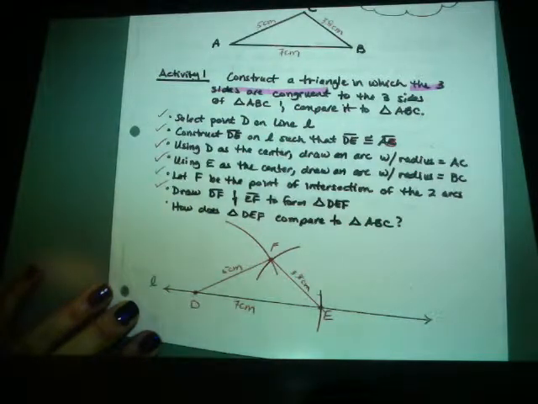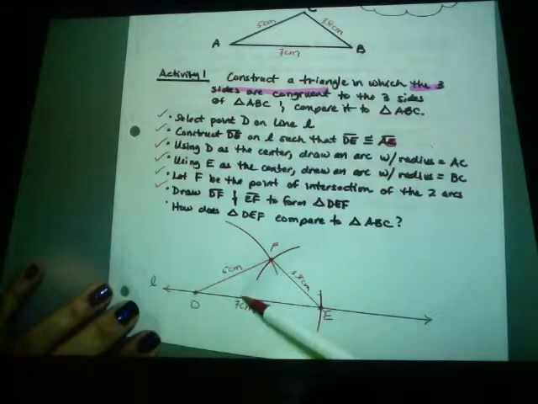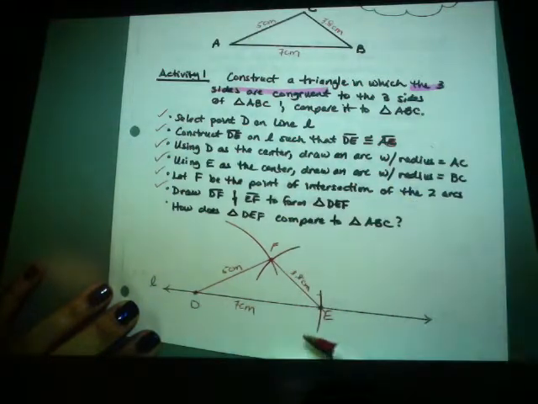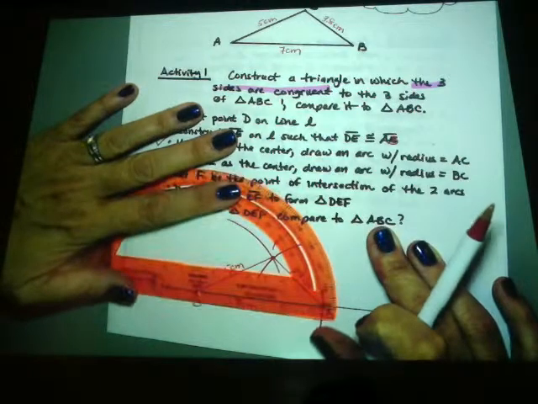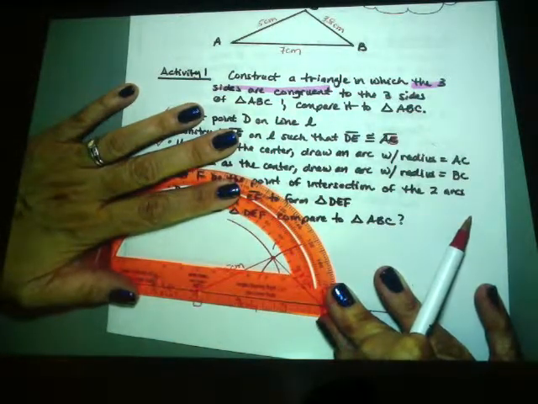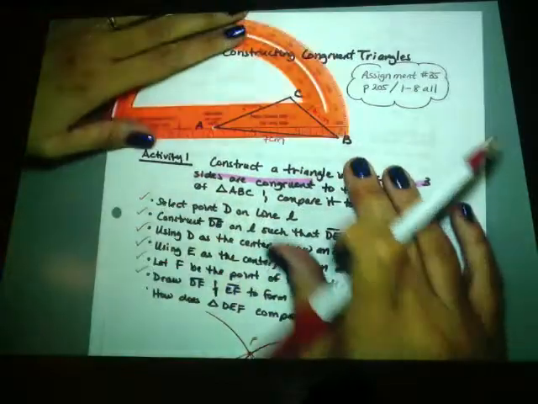So what they're trying to get to is the fact that these look exactly the same, don't they? If we were to measure the angle at D and compare it to A, they would be the same. In fact, I'll do this once for you. But measure this angle. Doesn't it measure about 32, right? 32 degrees, give or take?